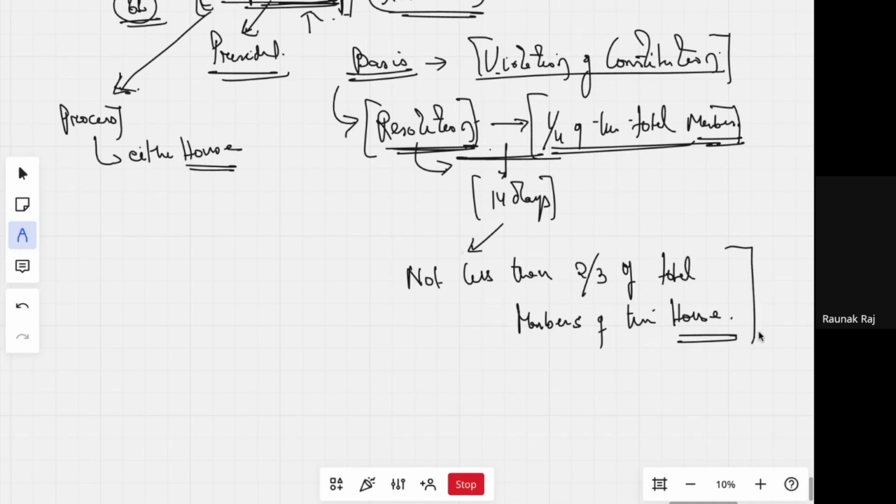What is the difference between total strength of the house and total membership of the house? Because in the Constitution, in clause 3, sub-clause B, it is mentioned total membership, right? So what's the difference? Total membership means the total strength of the house. So both are the same thing, right, sir?